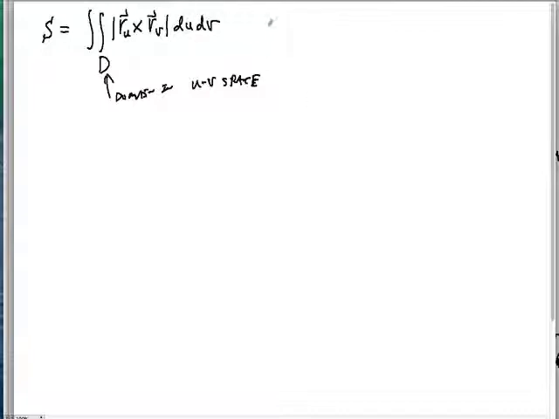So let's talk about an example, a very simple example of the half sphere. We want to find the area. We already know what the area of a sphere is.